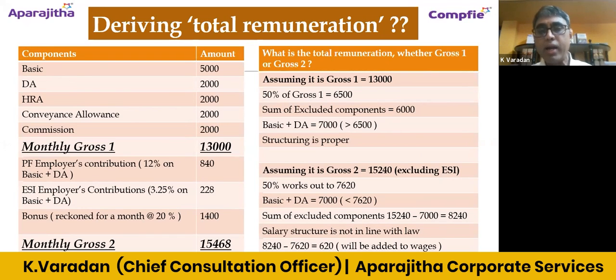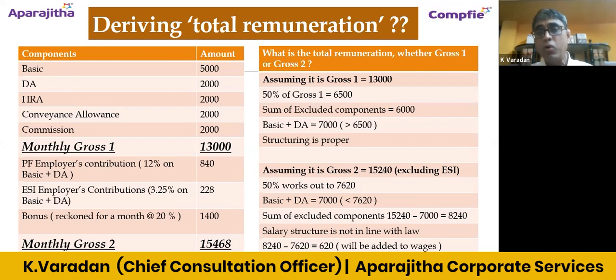So basic and DA alone, it comes to 7,000. This 7,000 is less than 7,620. So it is less than 50%, which means the excluded portion goes beyond 50% by 620 rupees, right? So this 620 will be added automatically to 7,000. So total wage will be considered as 7,620 in this case.